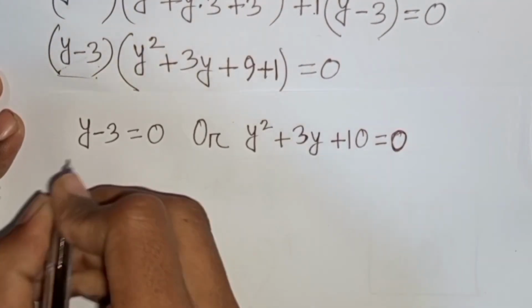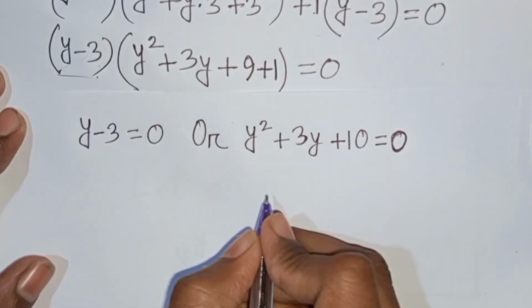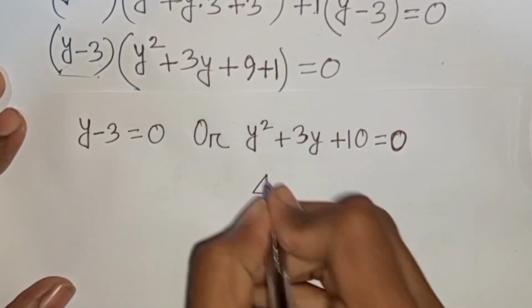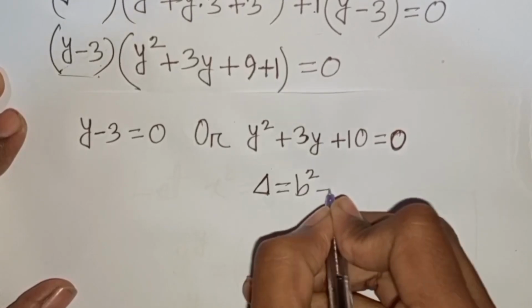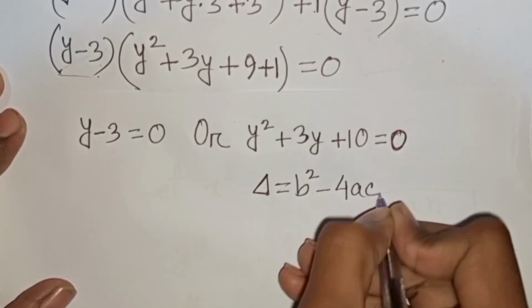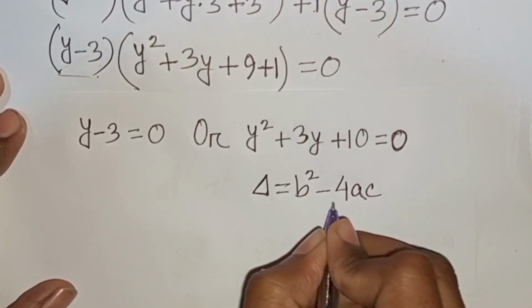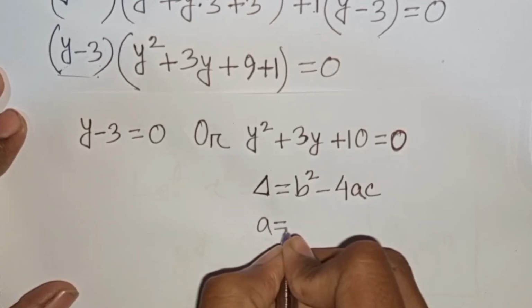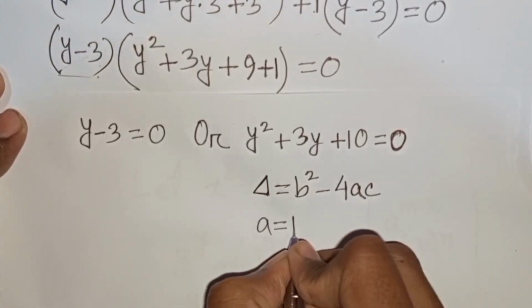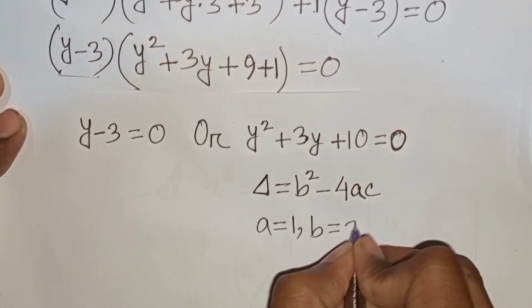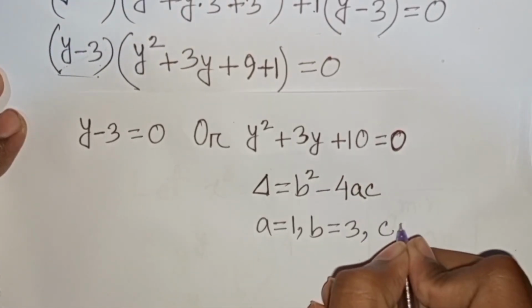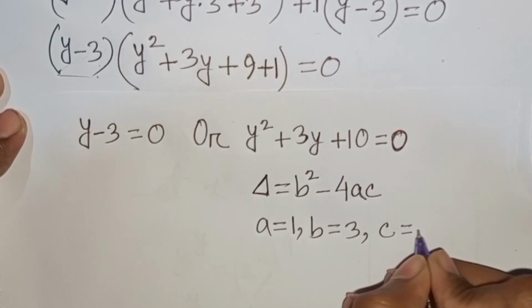Now here you can apply the discriminant formula, so you can write here delta is equal to b square minus 4ac. Here a will be equal to 1, then b will be equal to 3, after that c will be equal to 10.